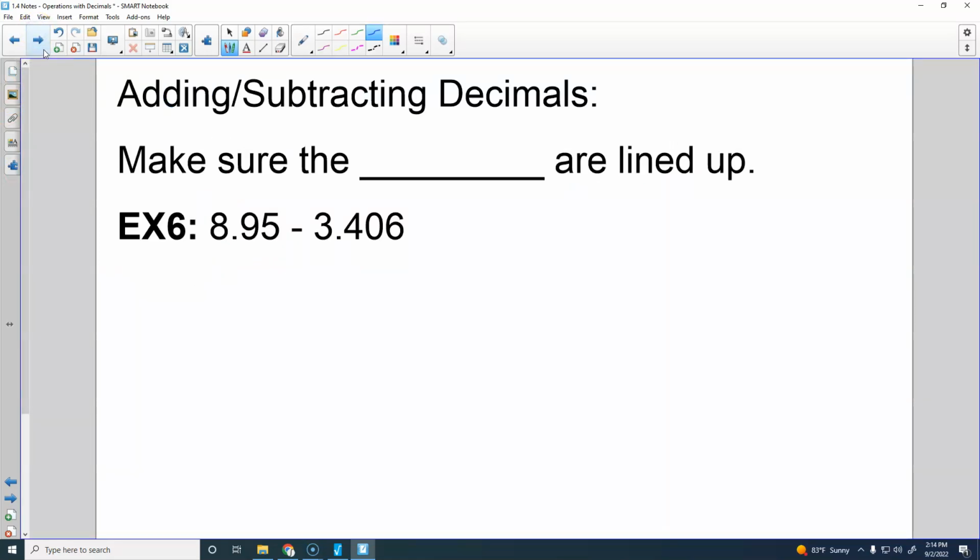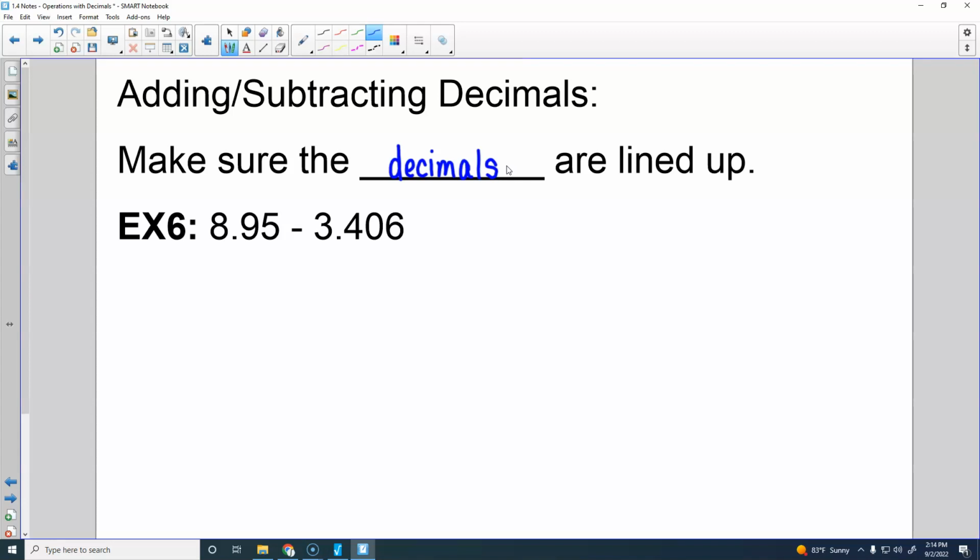Okay, adding and subtracting decimals, we need to make sure the decimals are lined up. You guys may know this since we're talking about decimals. So you may know this, but I am a math teacher and did not know this until 2 years ago.